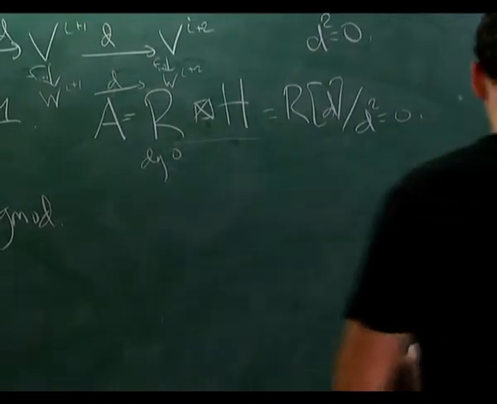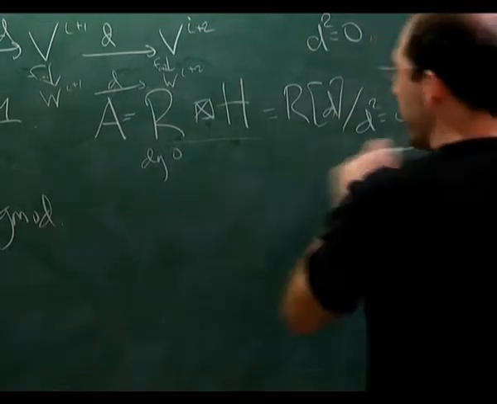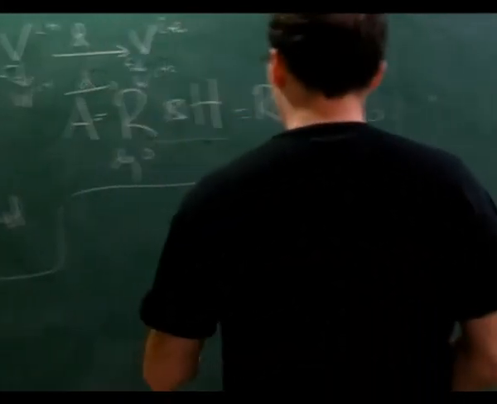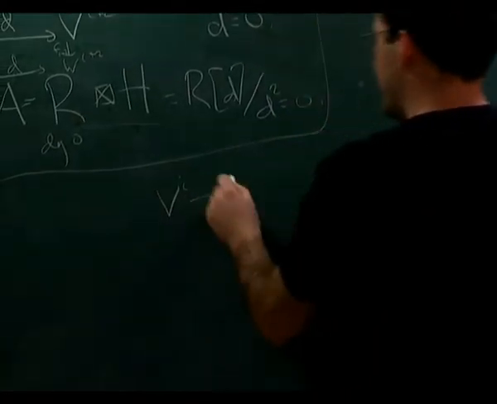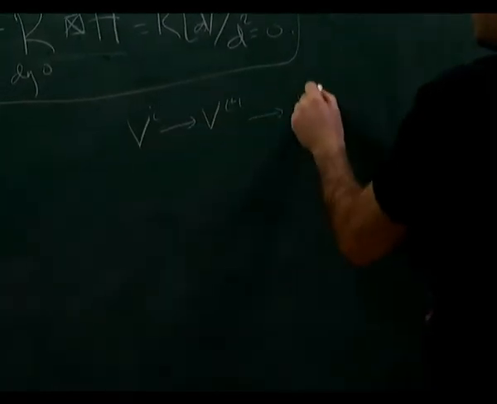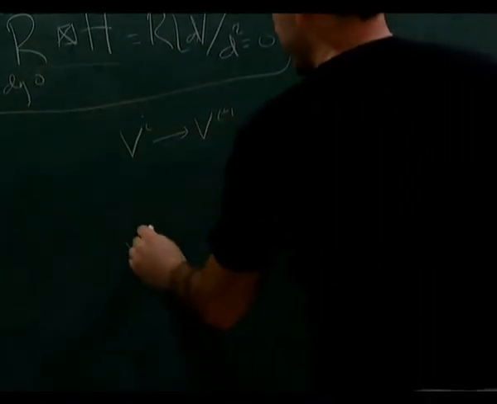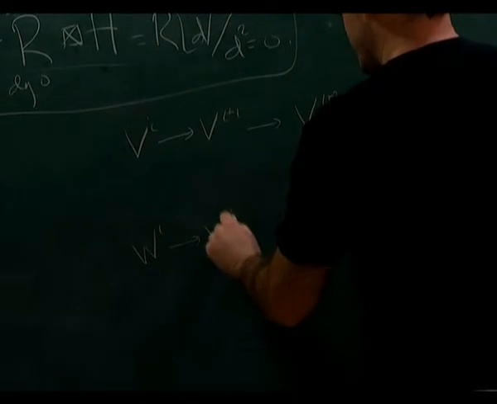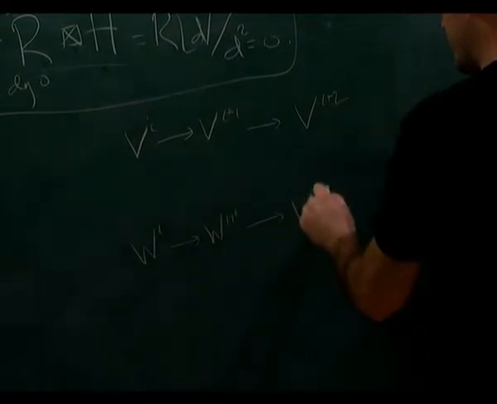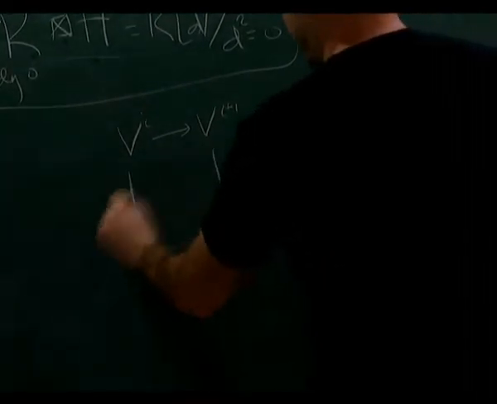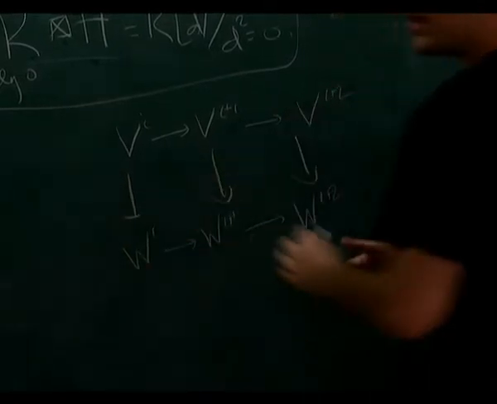So what is a homotopy? Okay. Let's remind ourselves what a homotopy is. So we've got two complexes, and we've got a chain map between them.